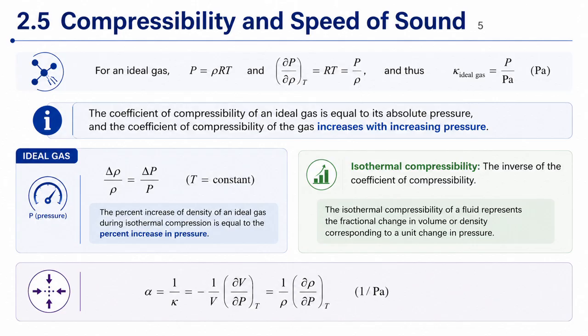So for an ideal gas under isothermal conditions, the bulk modulus is equal to the absolute pressure. This means as the pressure increases, the gas becomes harder to compress.